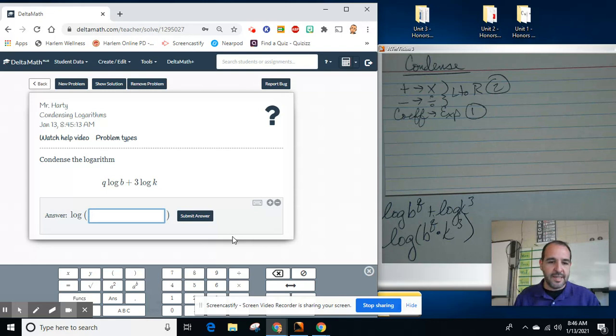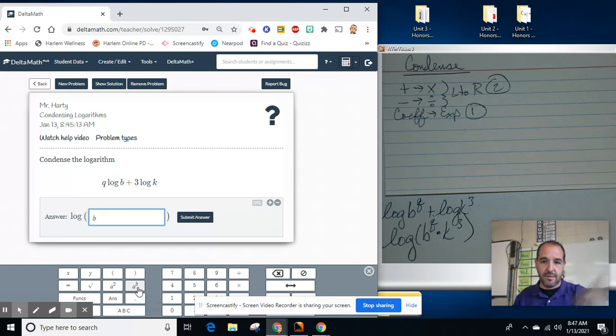I'll use this, even though you've got some options. Like if I do b, I can either hit this to get into my exponent, because watch this, if I hit this, there's the exponent. I put in my q. Hit the right arrow to get back down. Then times k.